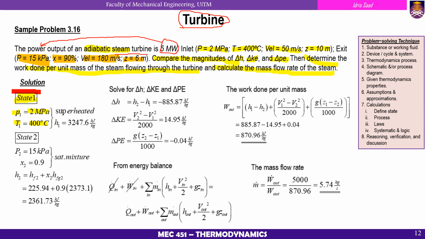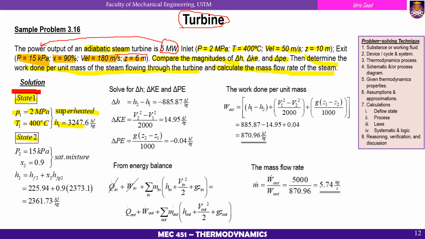Based on that diagram, the phase at state number 1 is superheated. When it is superheated, we can use table A6 to determine the value of H1 at pressure 2 megapascal and temperature 400 degrees Celsius. This is read directly from table A6. So now we have H1 settled.